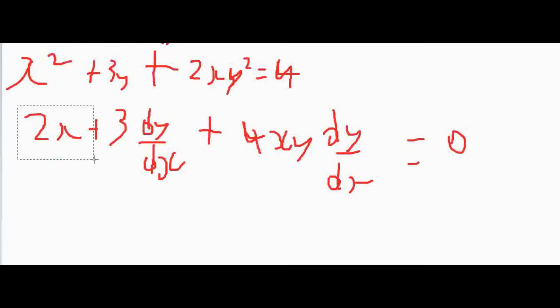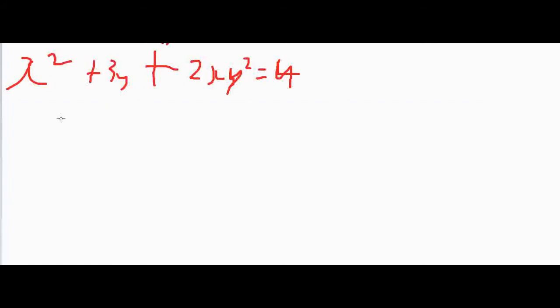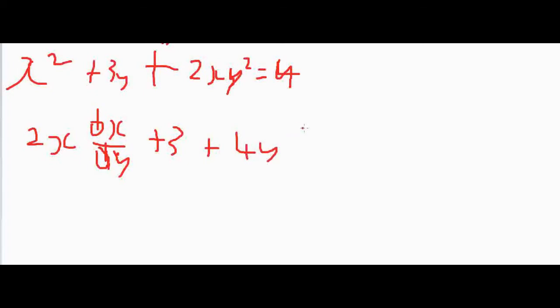Now let's do the same differentiation again, but this time we're differentiating x with respect to y. So since we're differentiating x with respect to y, we would get 2x dx/dy plus 3 plus 4y dx/dy, of course, equal to 0.